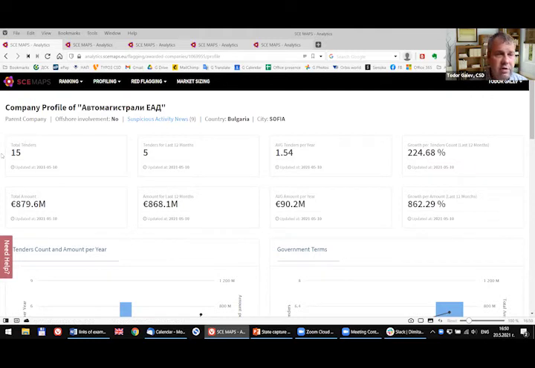You can see that for the 10 years that we have, from 2010 to 2019, it has 15 tenders on an amount of 879 million euro.